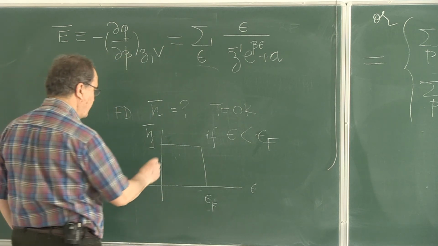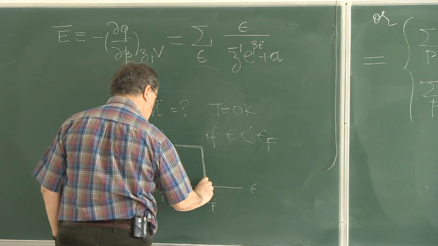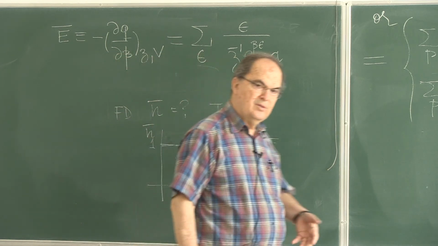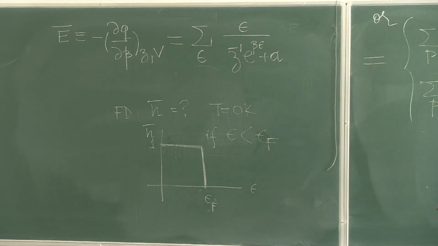So we have a step function like this. What does that mean? Can you tell me what it means? All the states below the Fermi energy are full. All the states above that energy are empty.